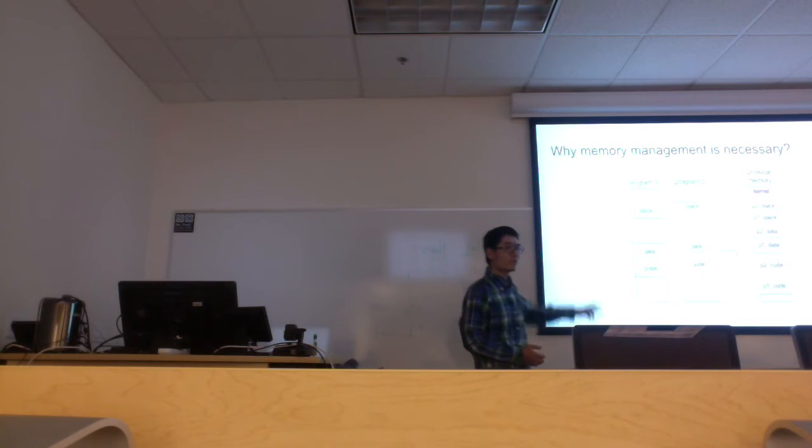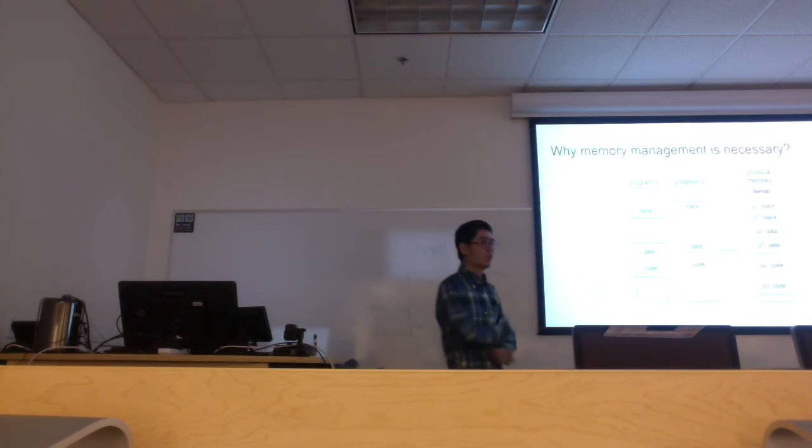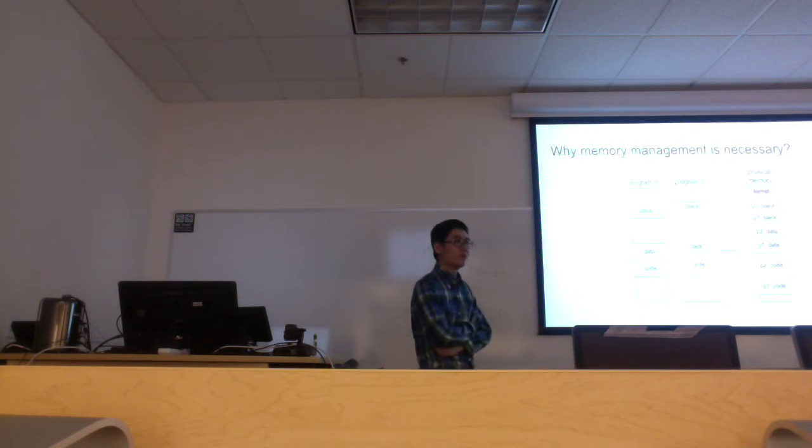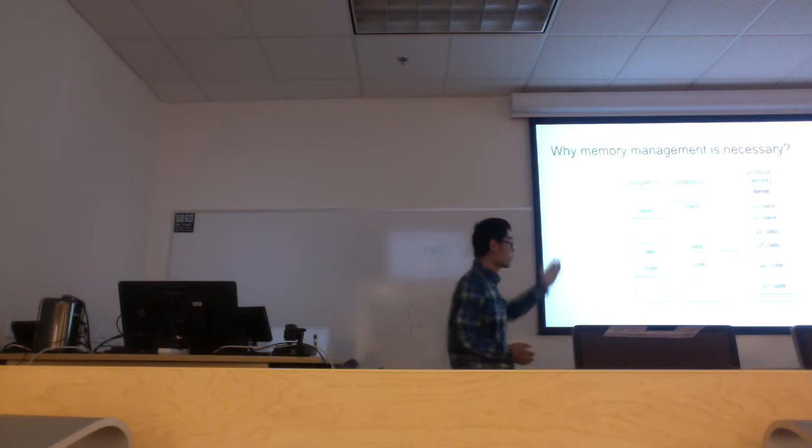Can we host a forum to let all the programs talk with each other and resolve this kind of address conflict? How many programs are you going to run? Potentially infinitely many, right? So this is not going to work.